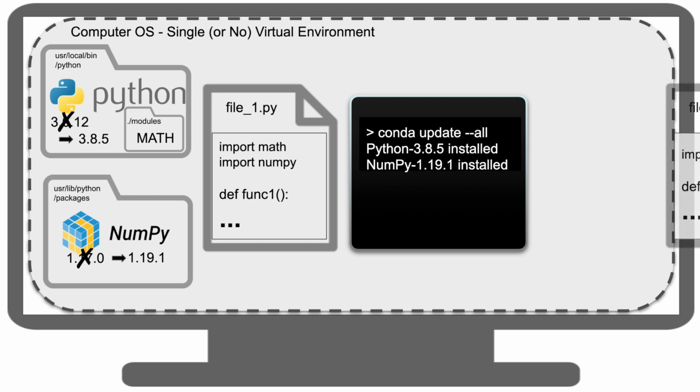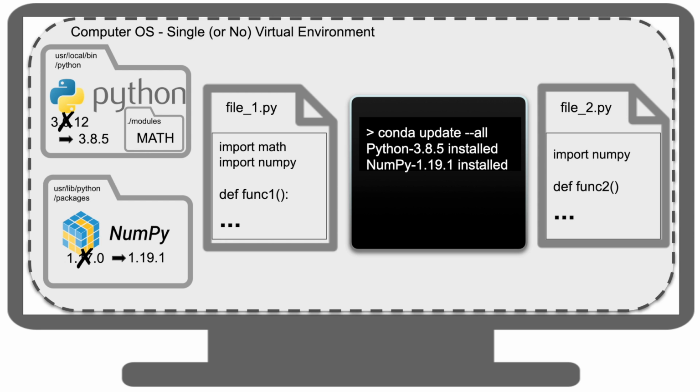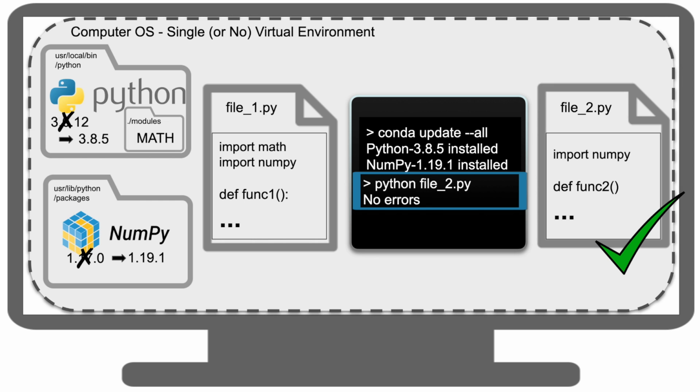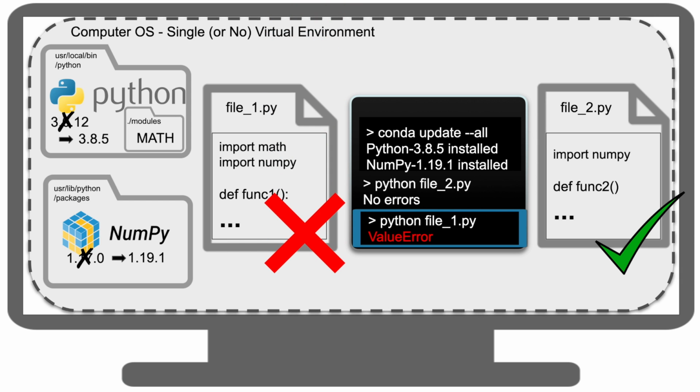Then we create this new file, and we run it, and it runs perfectly fine. The problem we may run into is that if we go in and run the first file, it may not run properly because the versions for Python and NumPy have now changed.